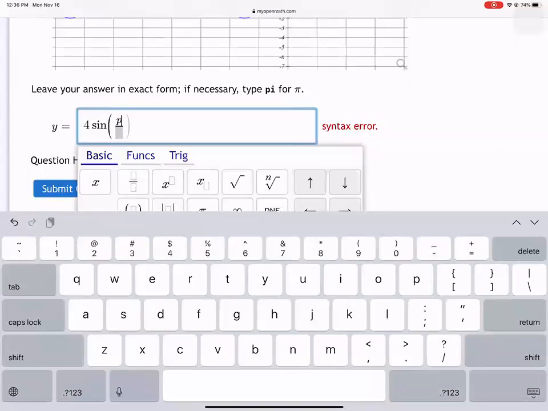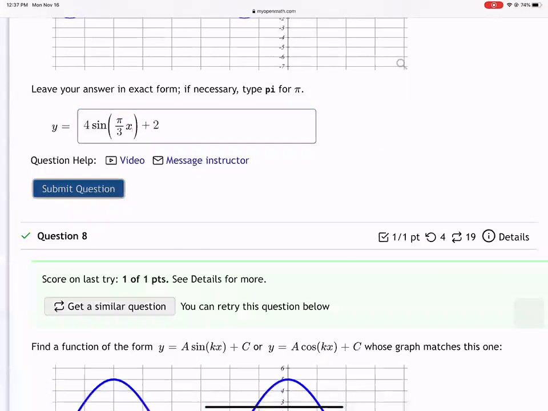We'll give ourselves an x. And then we said, let's close it. Oh, darn it. We're going to add 2. And you can submit it.